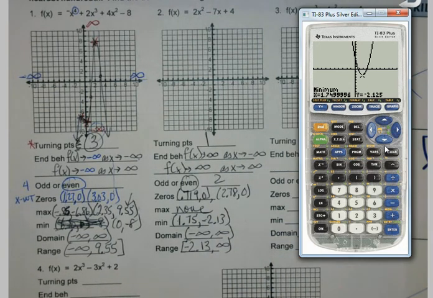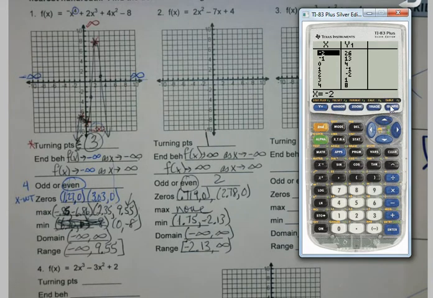And now I think we have more than enough information to be able to start doing a little bit of sketching here.